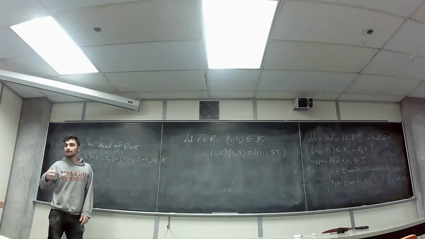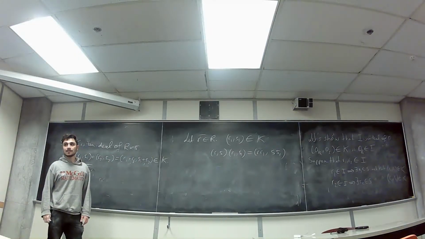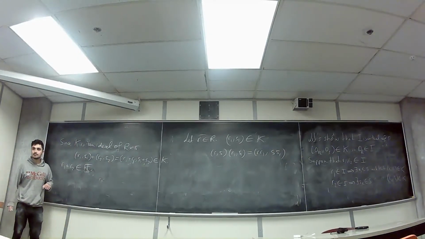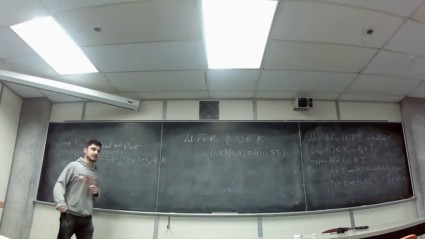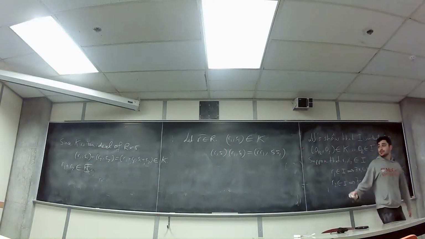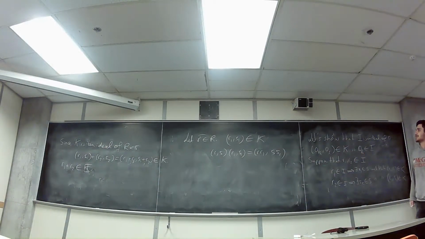Very good. Sorry, could you explain again why we need to show that R1 is in I? Definition of an ideal: if R is in R and R1 is in I, then R1 is in I. So you can take RS.